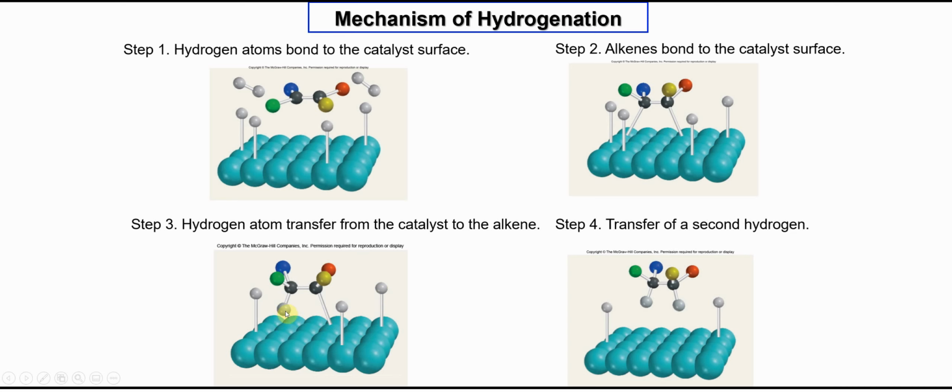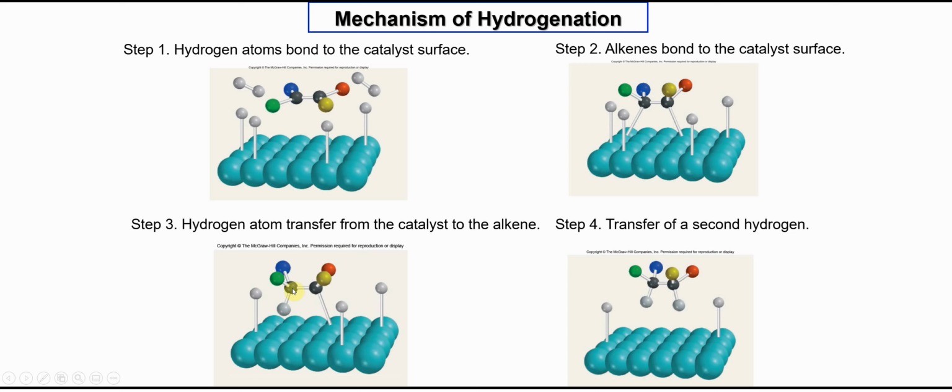Followed by your first hydrogen atom. Your hydrogen atom is going to be transferred from your catalyst surface to one of the double bonded carbons. That's your third step.